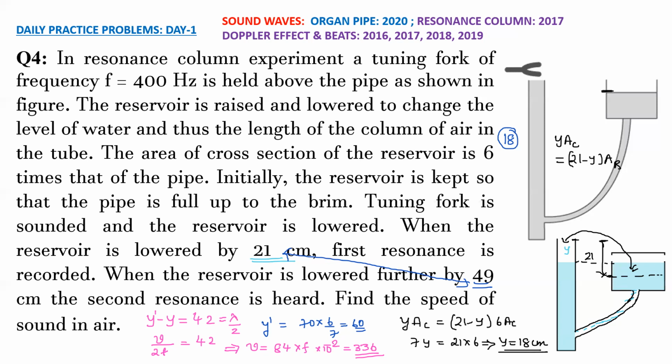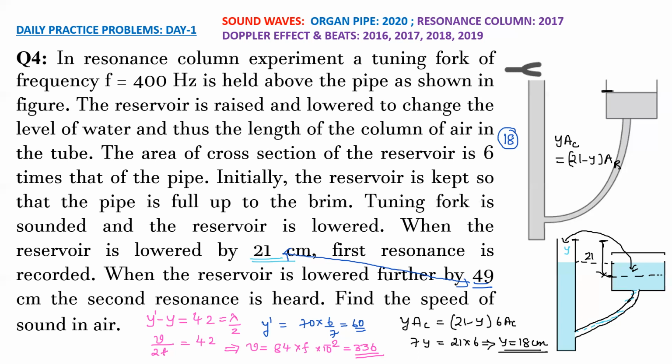So you have to compute the air column length by understanding that the fluid that has gone away from the resonance column occupies some volume in the reservoir. And so you take a reference mark on the reservoir. The reference mark here has been lowered by 21.